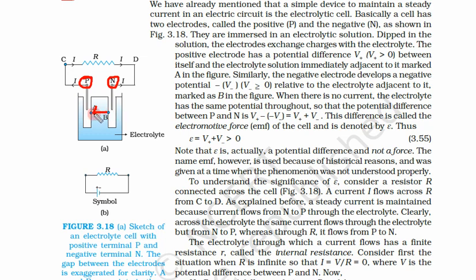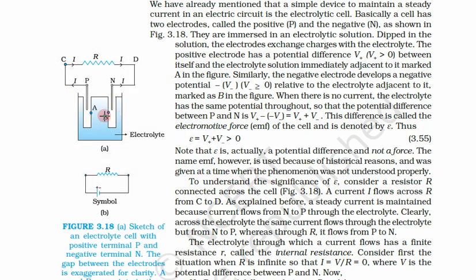So there must be some resistance as well. They are not directly connected. There is some resistance between this negative electrode and this positive electrode, and the resistance of this electrolyte is small r. Small r is the resistance of this electrolytic solution in between these points A and B.